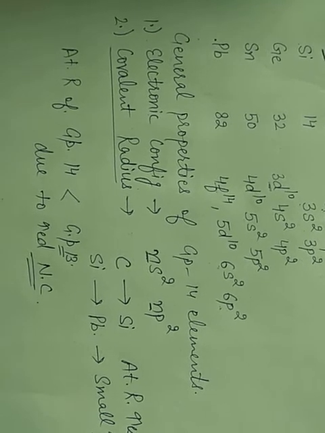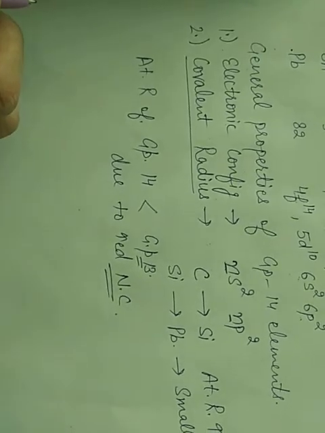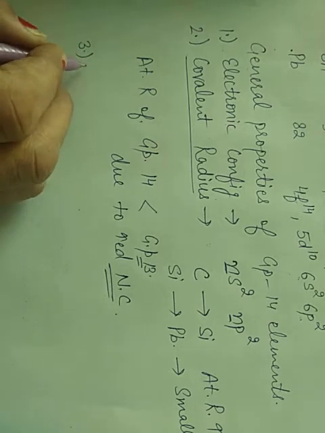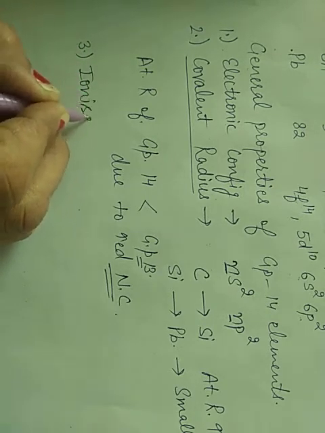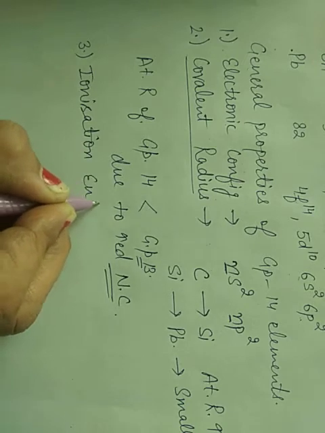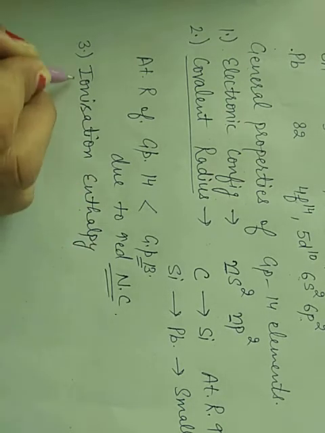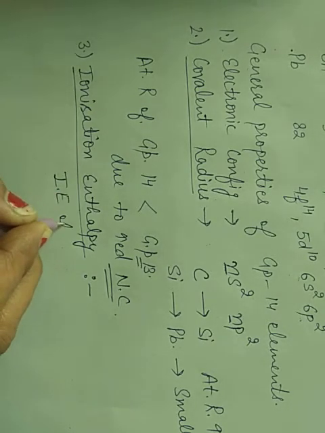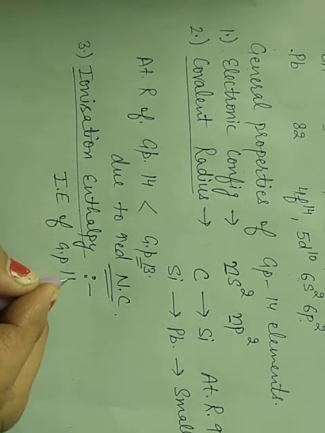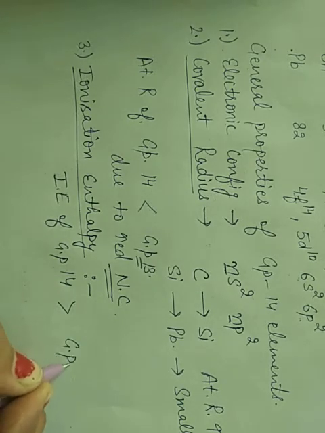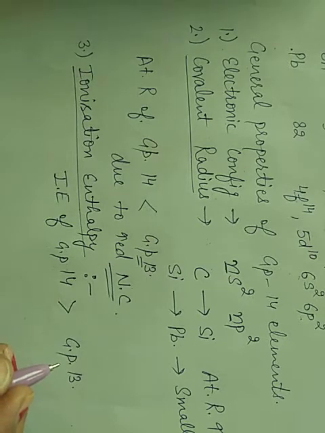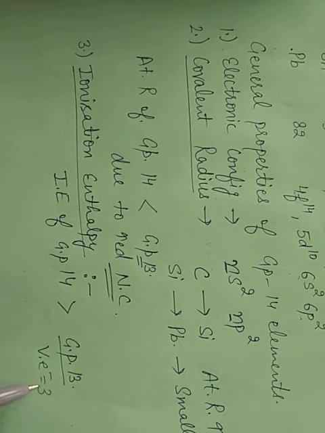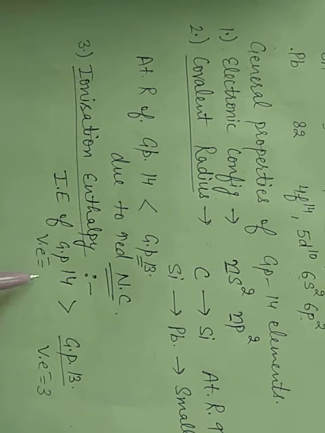Now the next property, property number 3, ionization enthalpy. The first ionization enthalpy of group 14 is higher than the group 13 elements, because in group 13 there are only 3 valence electrons, but in group 14 valence electrons are 4.